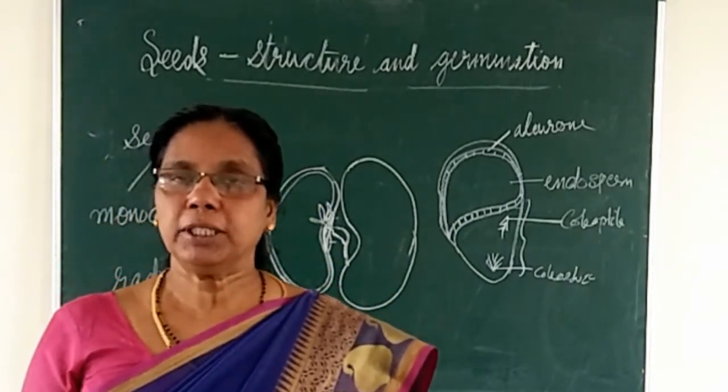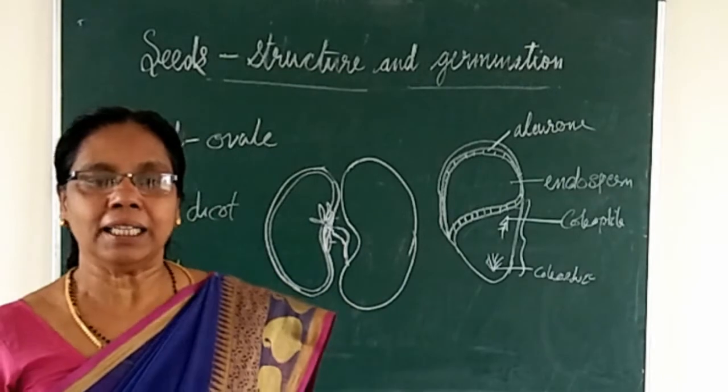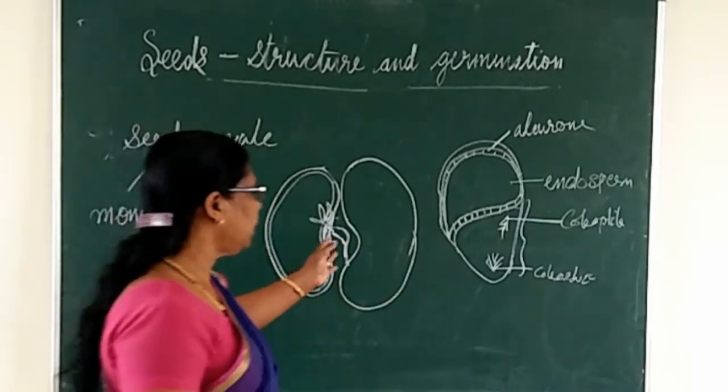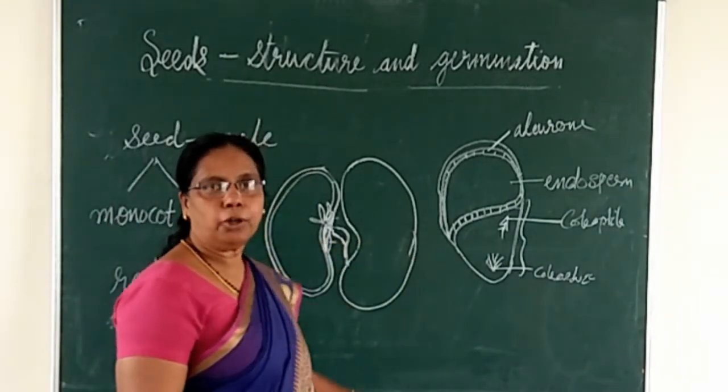So that's all about the structure of the maize grain. I think you got it, the differences between a dicot seed as well as a monocot seed.